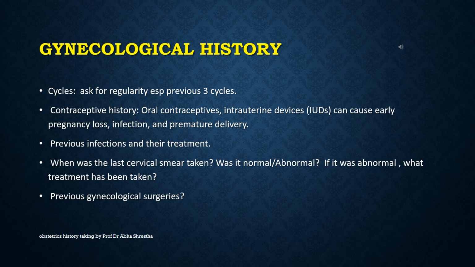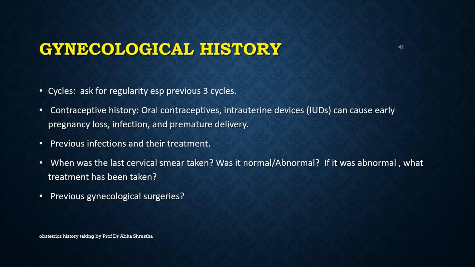Coming to the gynecological history, we should ask about last menstrual period. We should ask for the regularity of the cycles, especially the previous 3 cycles. If she says, my previous 3 cycles are very regular, then that indicates that she is ovulating well and there should be no problem with calculating EDD by LMP. Then the other history is contraceptive history.